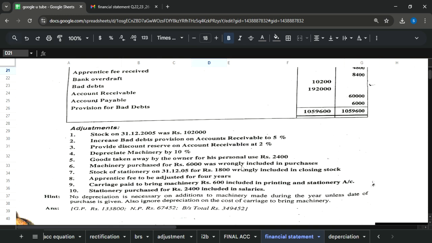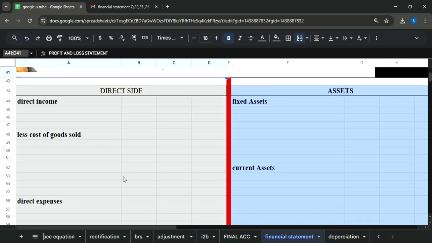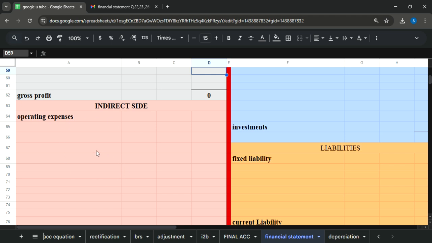Second part, as usual, we have an additional part, and that is adjustments in financial statement. Ten adjustments are given over here. Our pattern will be the same. We will make four parts. The first part at your left side is the direct side and then the indirect side.